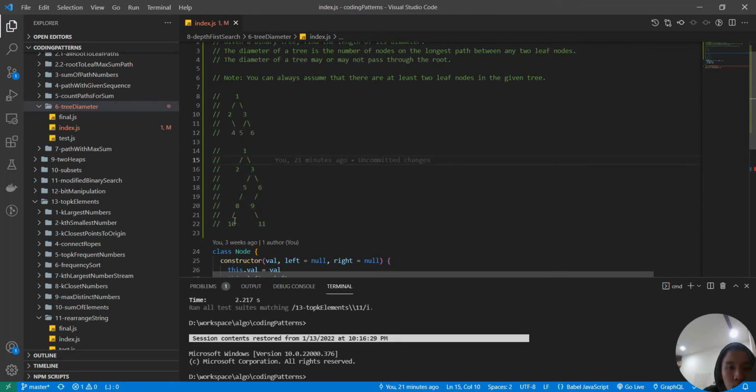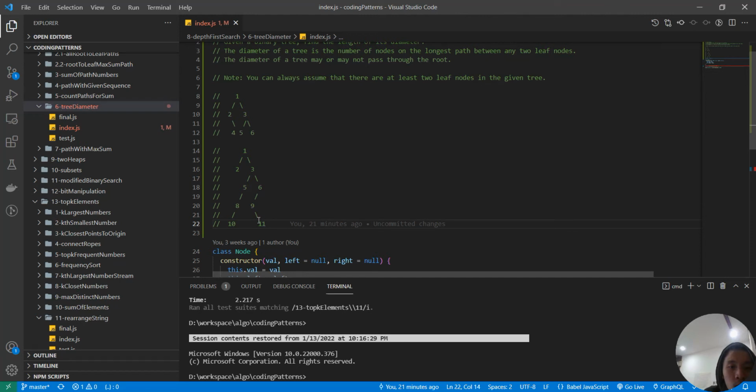Okay, for this one we have three leaf nodes, right? So let's say from 2 to 10, for example, it would be this way, has 6 nodes in total, and 2 to 11 also has 6 nodes, right?